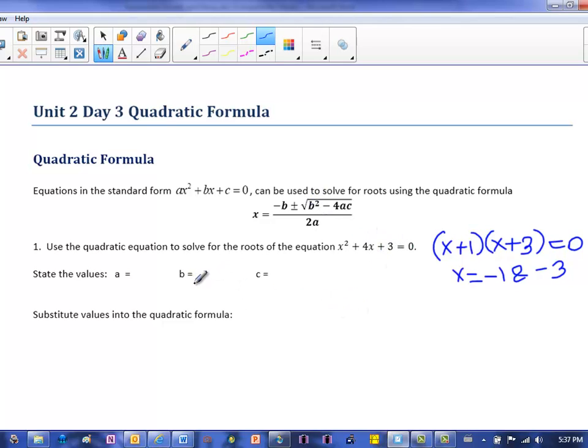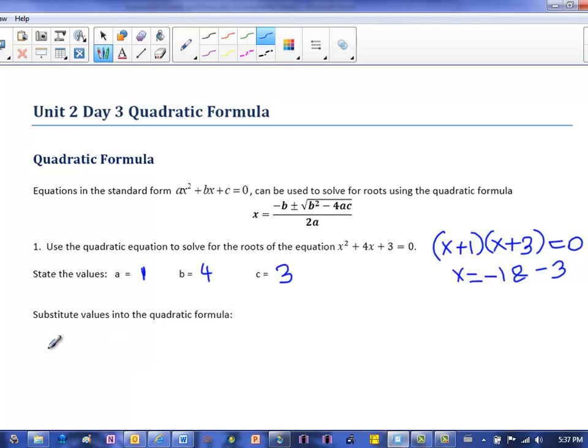Well, first I want to identify what my a, b, and c coefficients are from standard form. Well, in this case, x squared does not have a coefficient that's visible, so it's 1. b is 4, and c is positive 3.